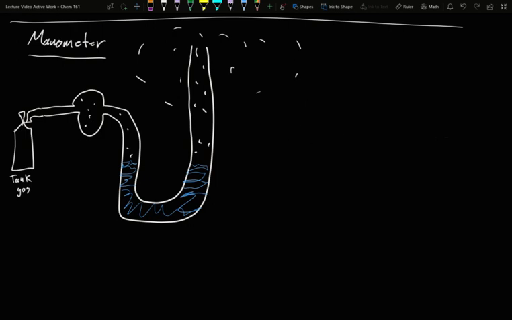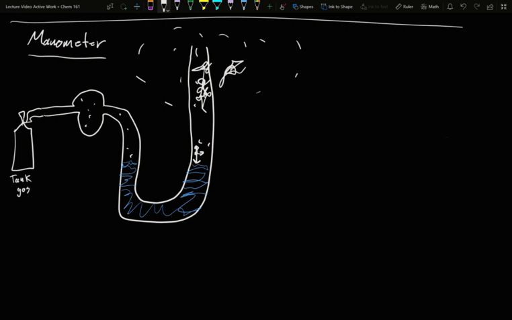Any sample of gas is pressing on whatever it's near, equally in all directions. So this is pressing all over, but it's pressing down. This gas is pressing up and down, and the ones at the surface here are bouncing into the water.